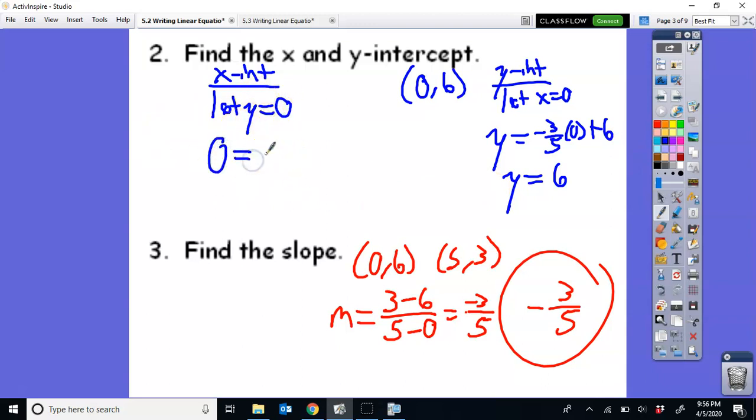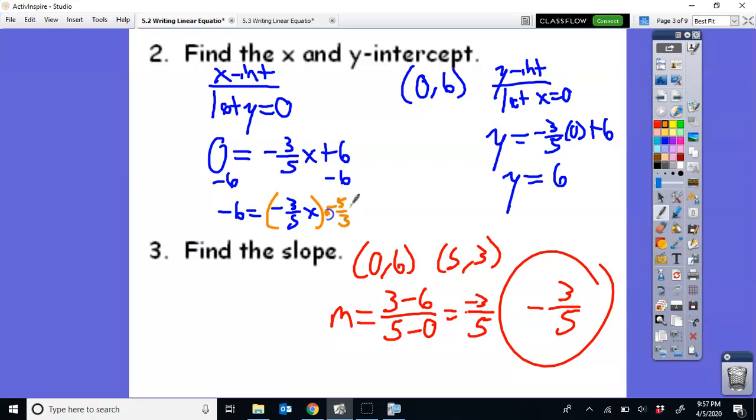Meaning, you plug in 0 for y into my function, negative 3/5 x plus 6, and then we solve this for x. First, we would subtract 6 from both sides. That would be negative 6 over here. Then we would divide by negative 3/5, or you could multiply by the reciprocal, which would be negative 5/3.